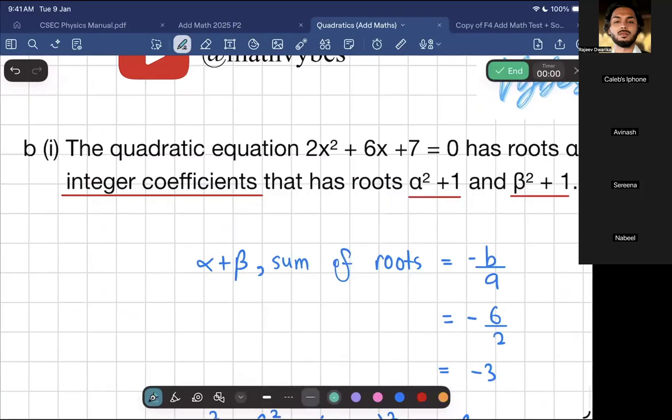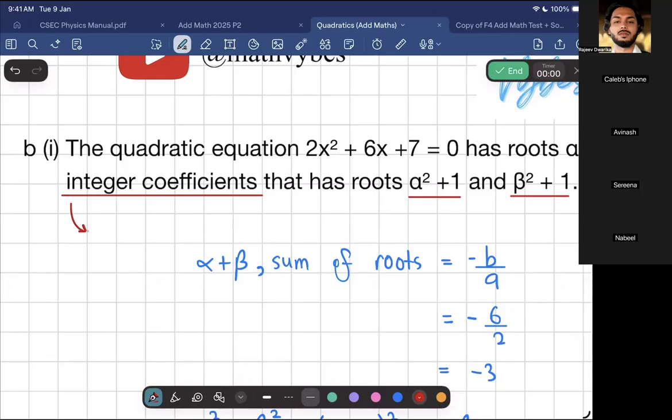Do you all know what an integer is? Nabil and Caleb, do you all know what an integer is? I can't remember what it says. All right, so an integer is everything other than a fraction.